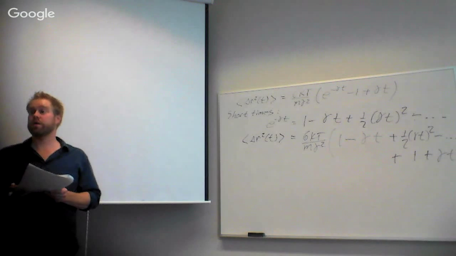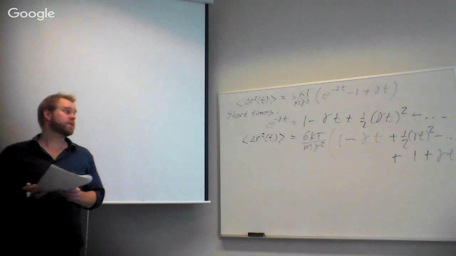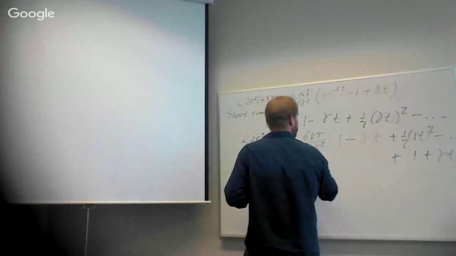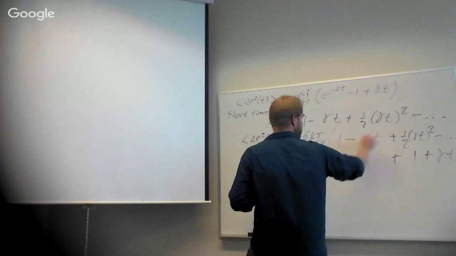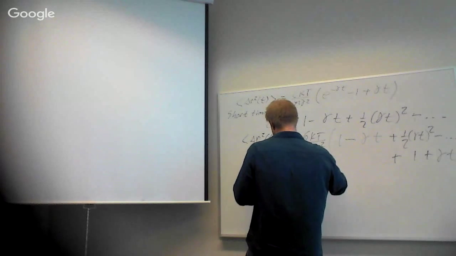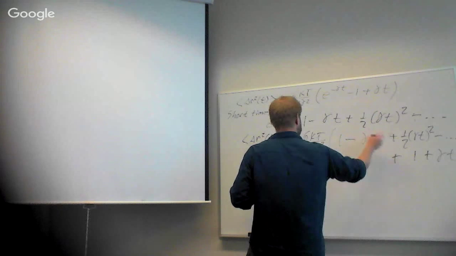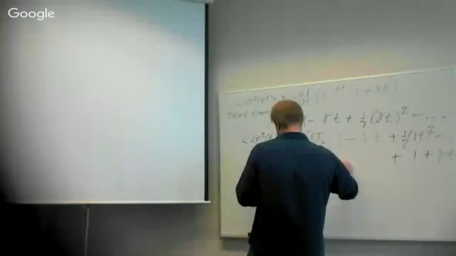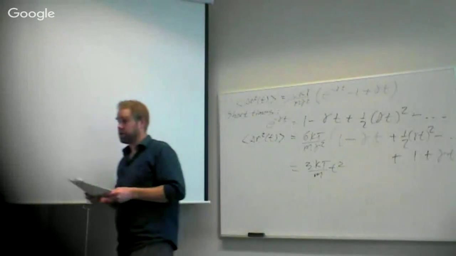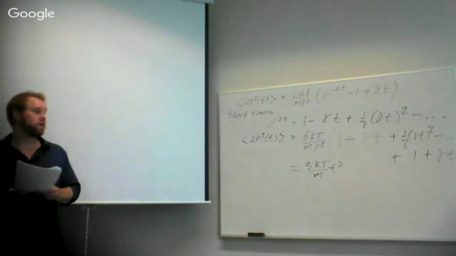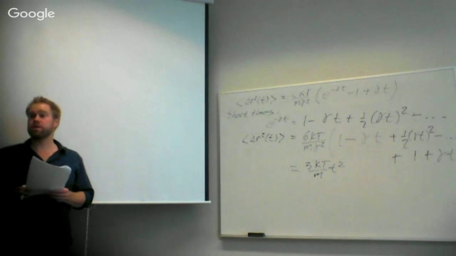Ones cancel out, the gamma t's cancel out, and the gamma squared cancels out. We also have a 1/2, so this becomes 3kT over m times t squared, which should look familiar.